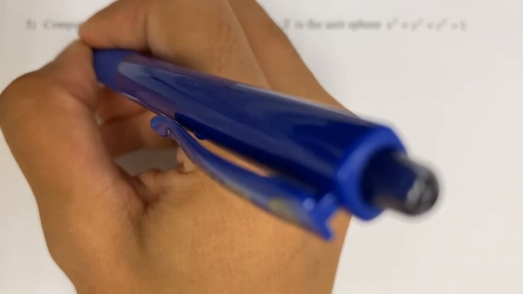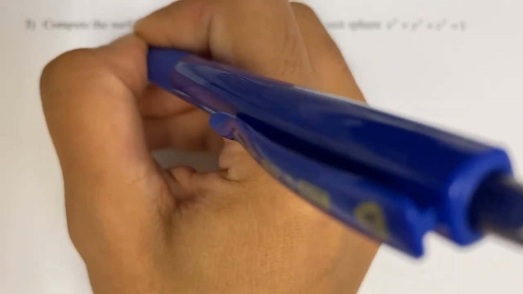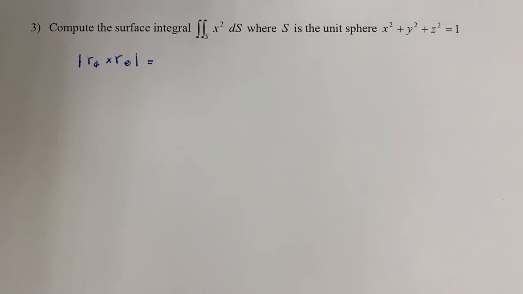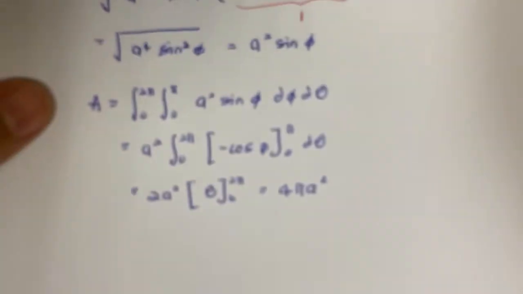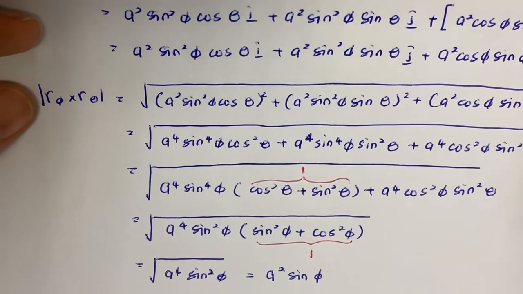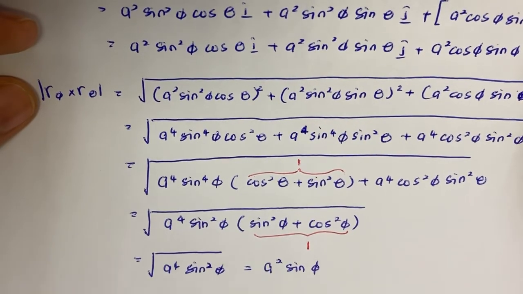For this case, you need to know the magnitude of r phi cross r theta. And as we have derived this before, the cross product of r phi and r theta has magnitude equal to a square sine phi.